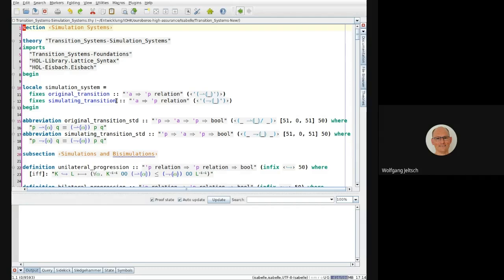Because we have this mixed case and we want to have these notions of simulation, bisimulation, and also the up-to variants, and also bisimilarity for this mixed case, we have this general notion of simulation system.